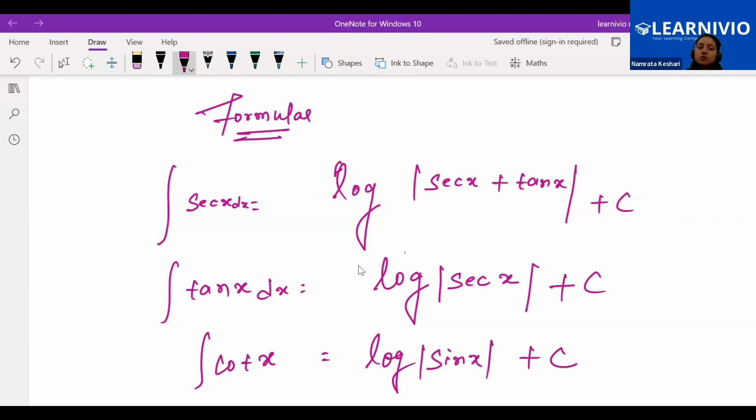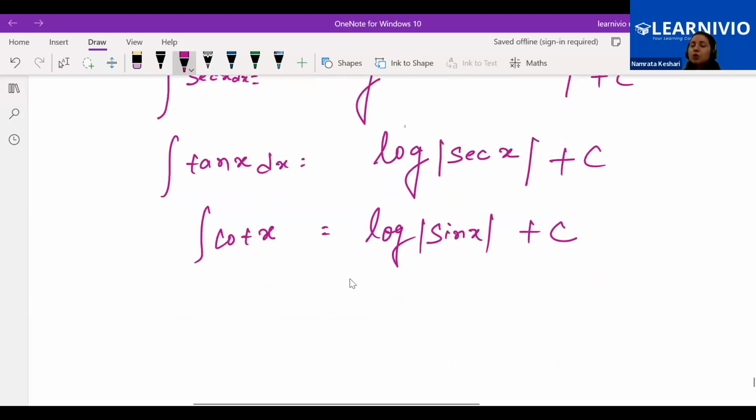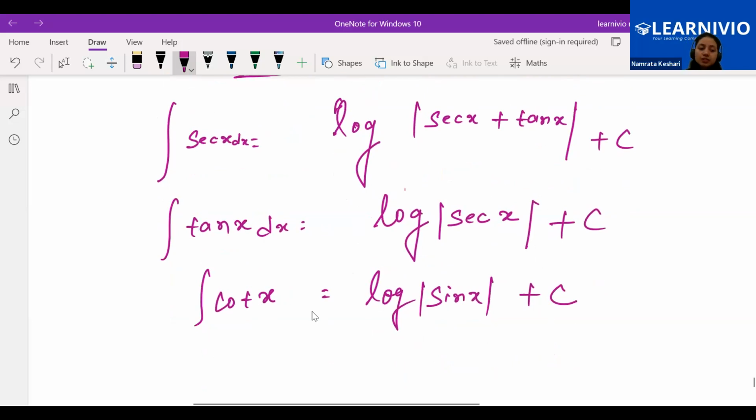Okay, I can show you how exactly we got this one. When you take cot as cos by sine, and take the denominator sine as a substitution, you will get the numerator cos x dx. But that will take time. Okay, when we do it like that, it will take time. Now I am showing you just for the cot x, and the remaining you should learn.